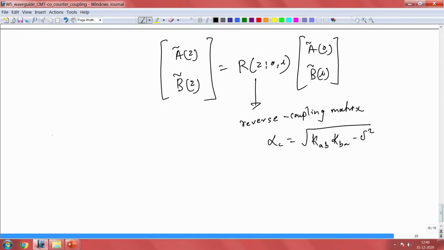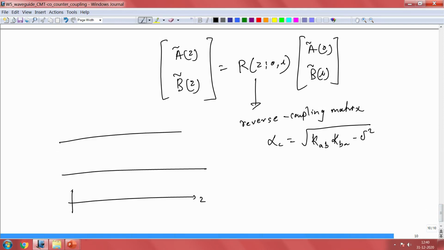Again we will look at a single waveguide system, along z, with a certain length L. I am launching the mode from one end which is propagating in this direction, and I am not launching anything from the other end, it is 0, but then the solution exists from this side. So now the question is how the fields look in the middle. This is not equal to 0 and this is equal to 0.